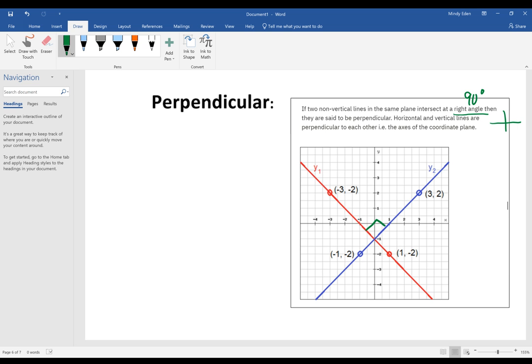Now, what we learn about perpendicular lines is that their slopes are opposite signs and reciprocals. So on the red, we can find the slope. If I just look at these 2 points, I can pick any 2 points and count rise over run.